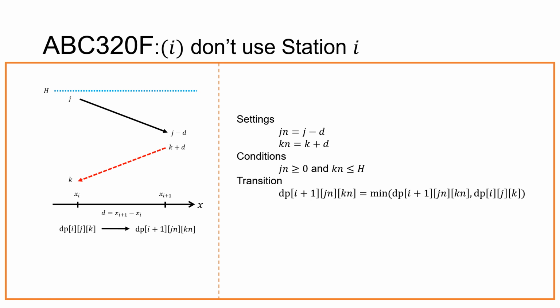In the left figure, the black line represents the way to go and the red line represents the way to return. Let d be the difference. Considering the next state, the fuel to go must decrease by d, and the fuel to return must increase by d. So the next state can be represented as follows. This case is done.